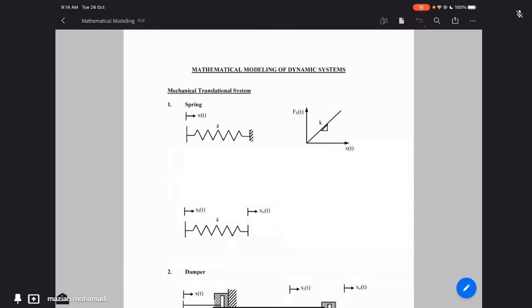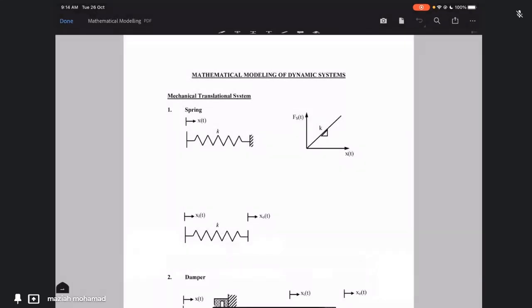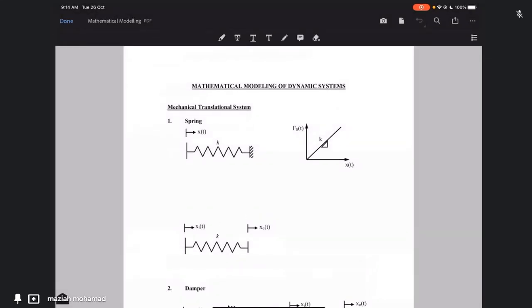The first one is spring. I believe everyone knows the equation for spring. What is the equation for spring? Anyone? Yes, Zuhai, Muhammad Azman, F equal to Kx.